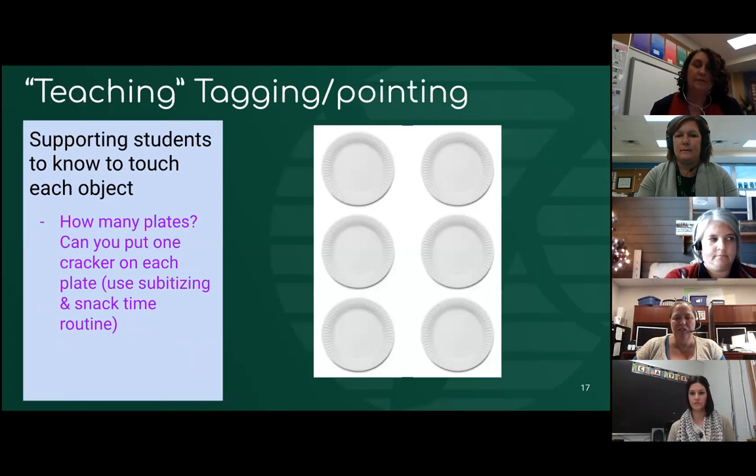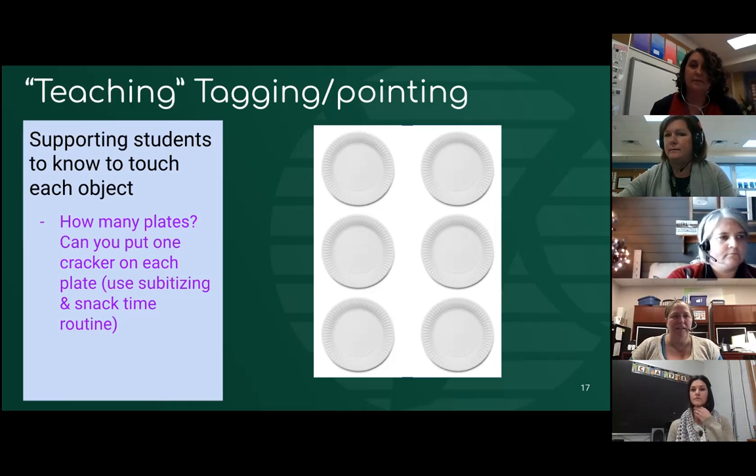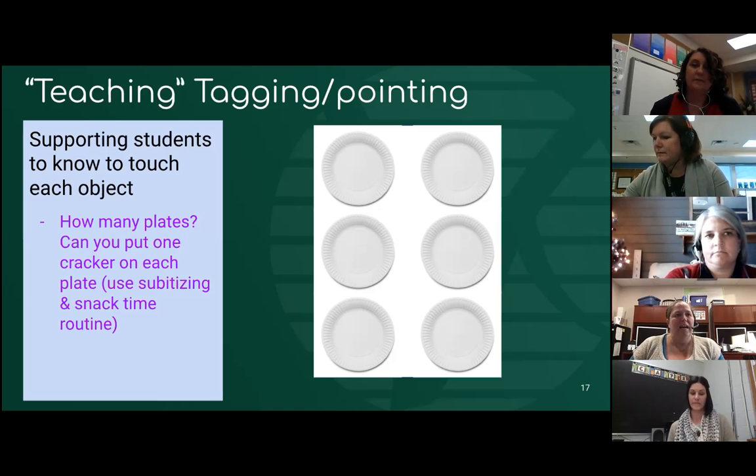Last week we did subitizing. If they can subitize 4 or 5 or 6, like right now I've got 6, but I could have put 4 plates out if that's where we were at, I could ask, how many plates do you see? And they would know the answer to that question.